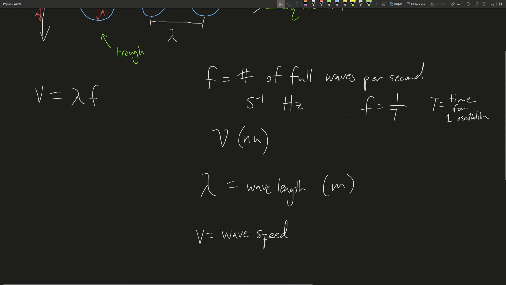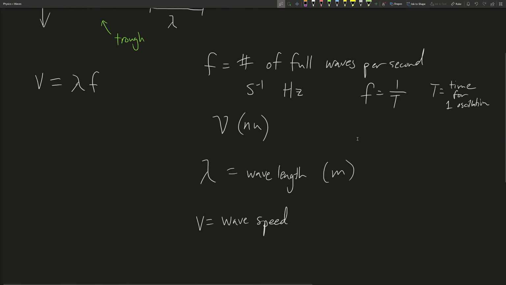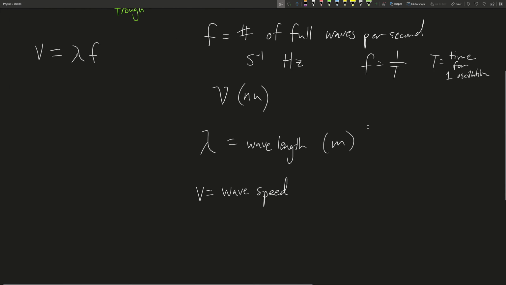Now this makes sense because frequency is how many waves travel per second, and the wavelength is how many meters per wave. So if you multiply the waves per second times meters per wave, then you get meters per second, which is velocity. So v here is the speed at which this wave travels.